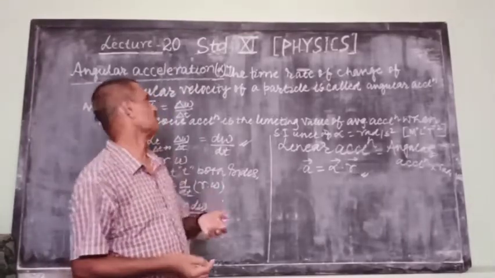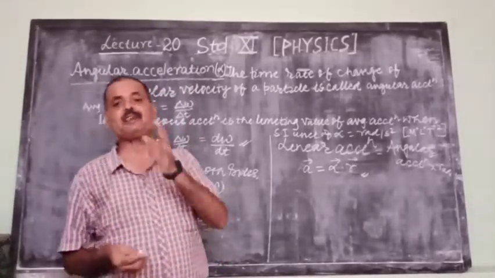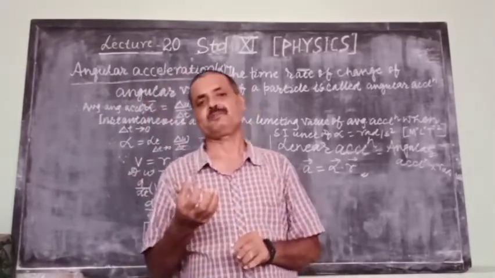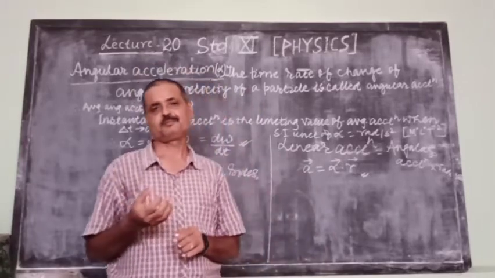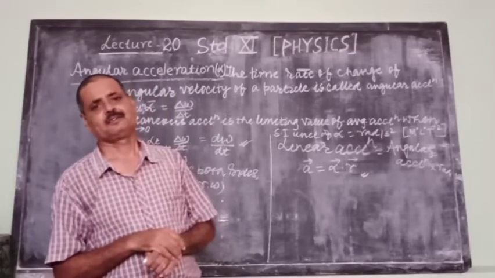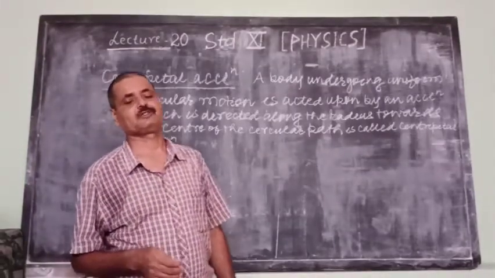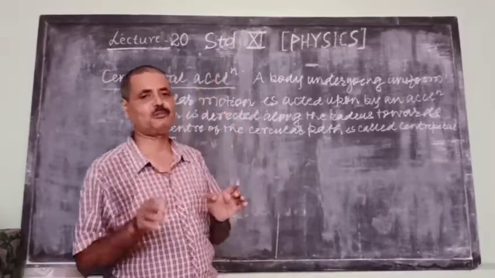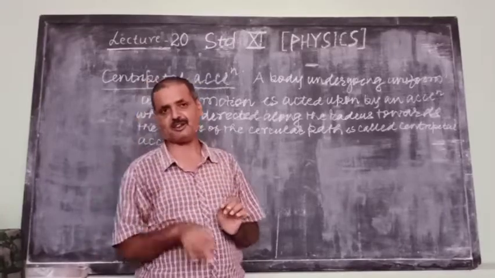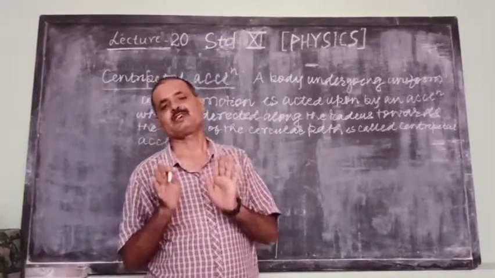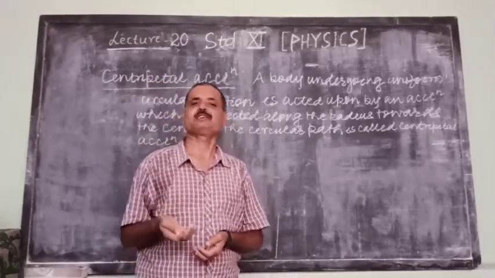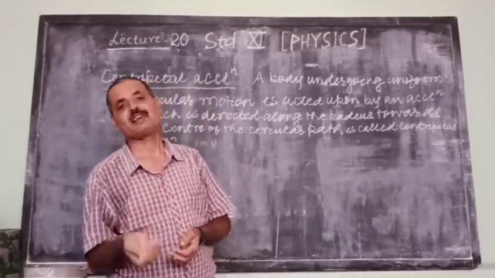Now I will discuss centripetal acceleration. Centripetal acceleration means the acceleration towards the center. First of all, we should know about centripetal acceleration. When a body moves along a circular path, its speed remains constant and the velocity changes due to the changing direction.